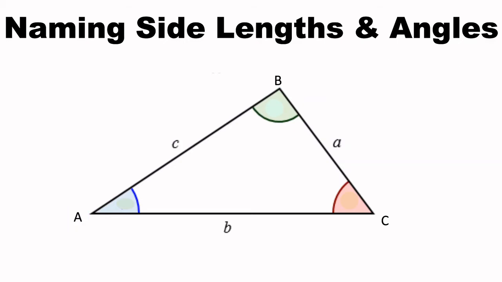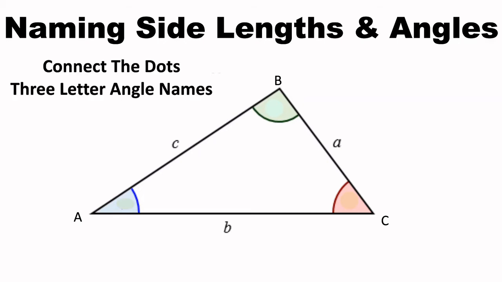You'll also see that they often use this connect the dot method to name angles. That requires three letters to represent each angle. For example, the angle that we see here at the vertex A could be called BAC or CAB. That's because to make an angle, you need to draw two lines.